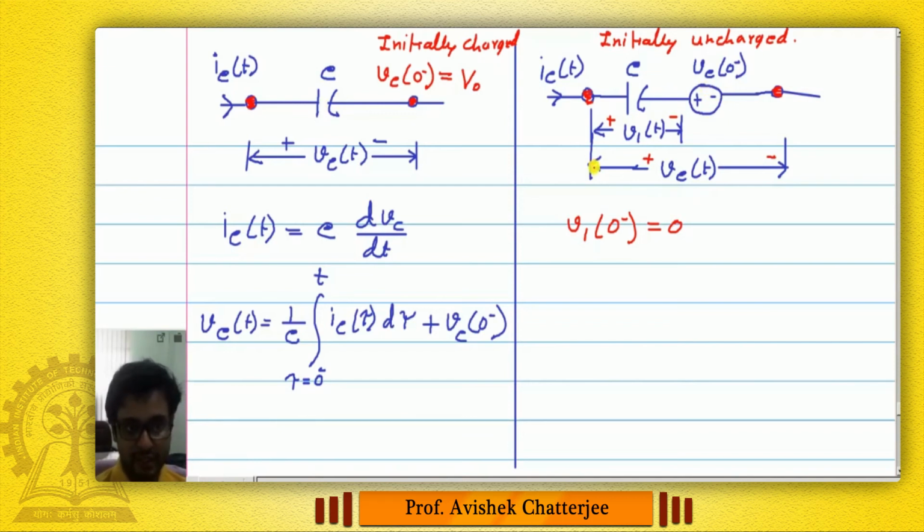You will get same voltage, same current as here. Initially here the voltage is Vc(0-). Initially this voltage is 0, but this is present. So together you will get same voltage. So from outside, this circuit and this circuit behave in the same way.